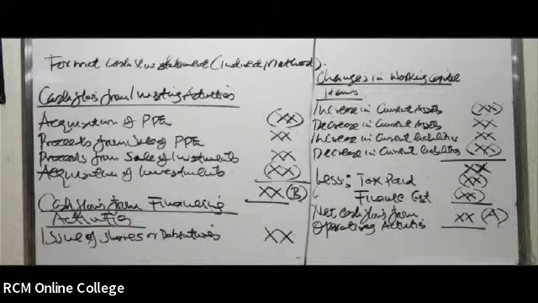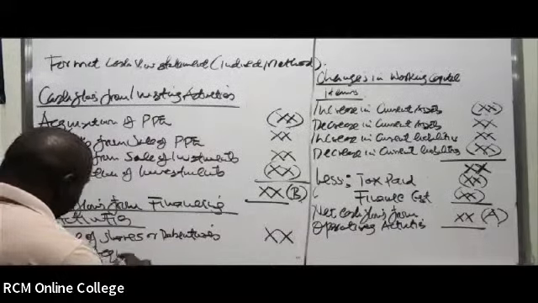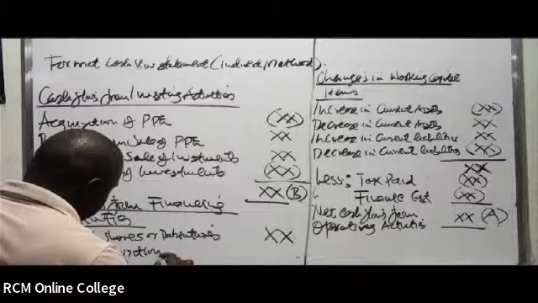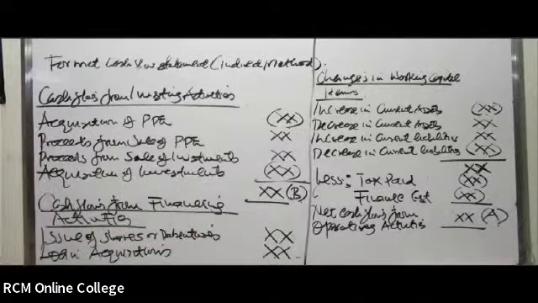Then loan acquisitions. Maybe you got a loan. A loan, when you get it, is normally an inflow. When you are given a loan by the bank, money is coming in. Then payment of dividends.